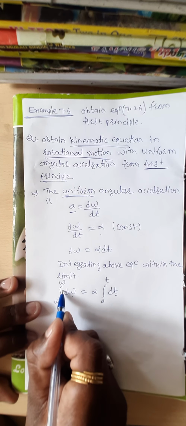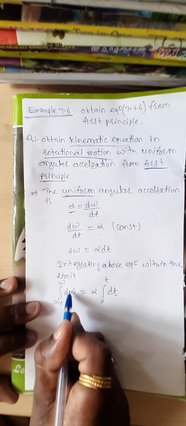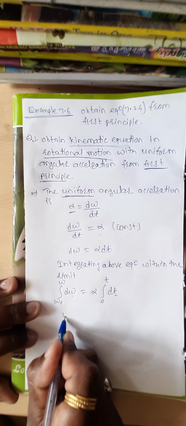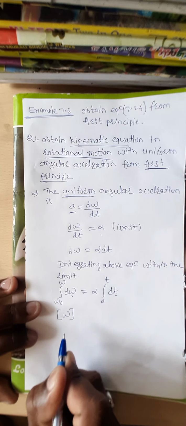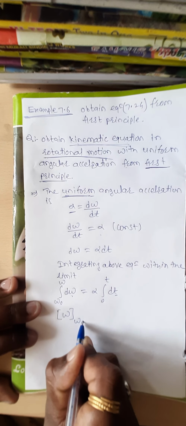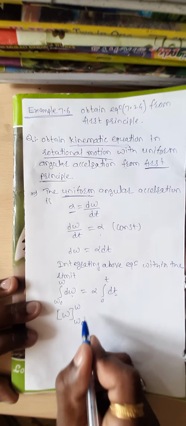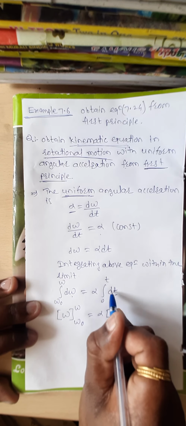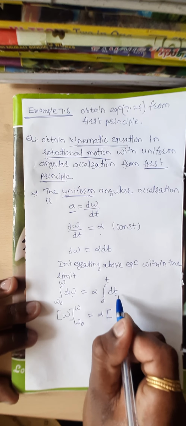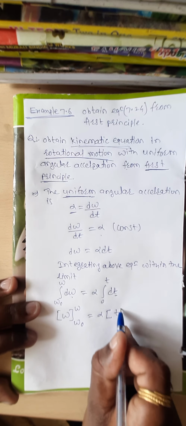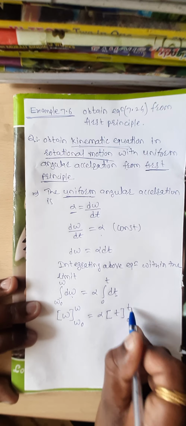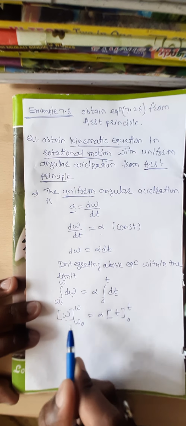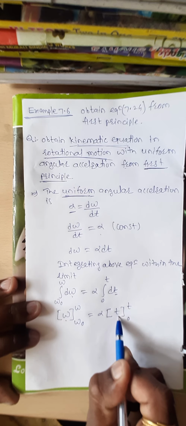Now the differentiation and integration cancel: the integral of d omega is only omega, with lower limit omega naught and upper limit omega. Alpha is a constant, and the integral of dt is nothing but t, with lower limit 0 and upper limit t.